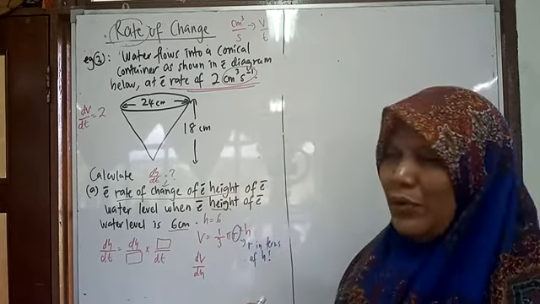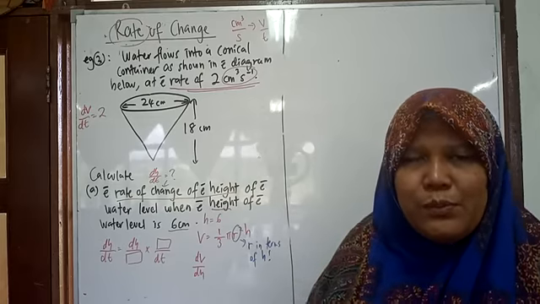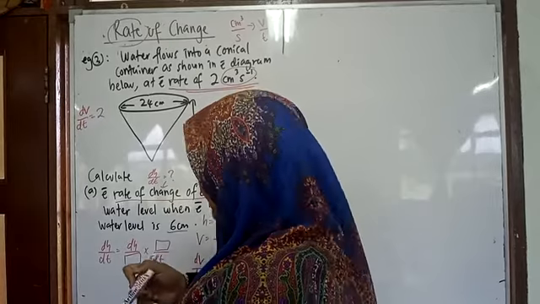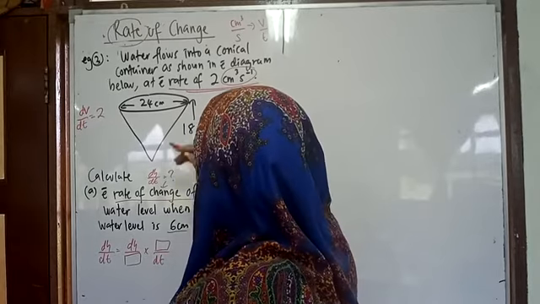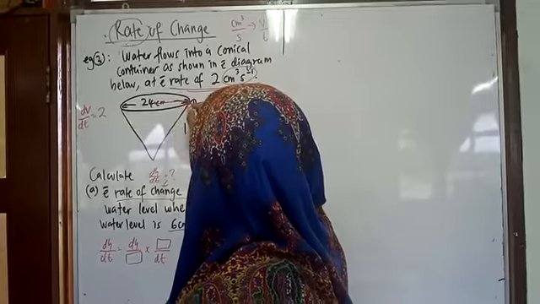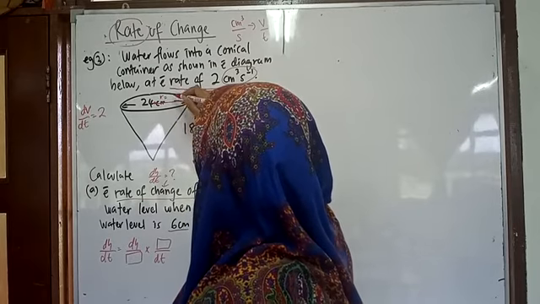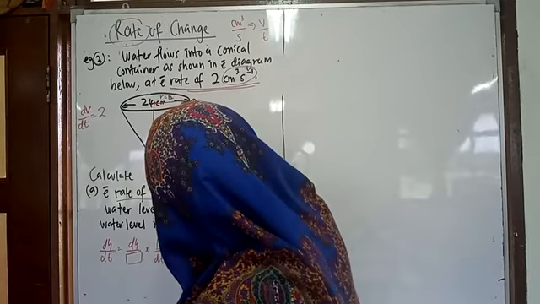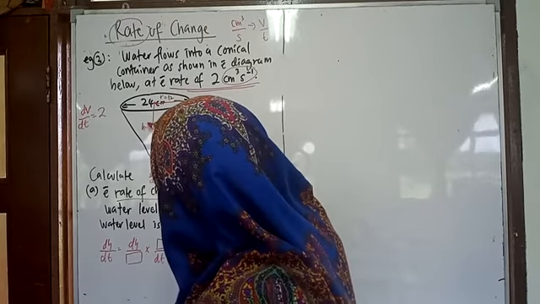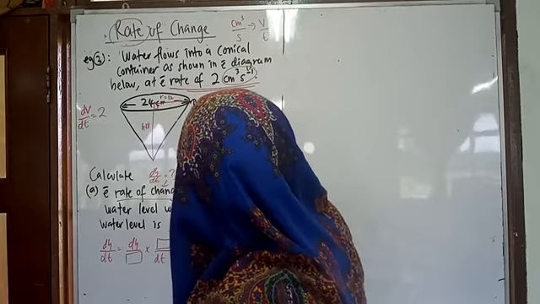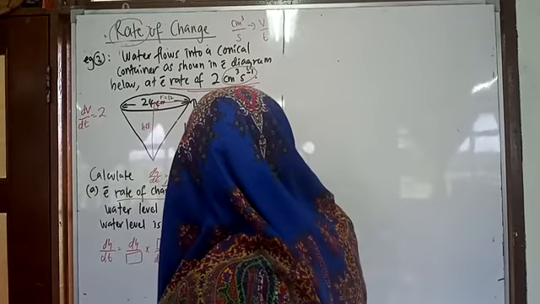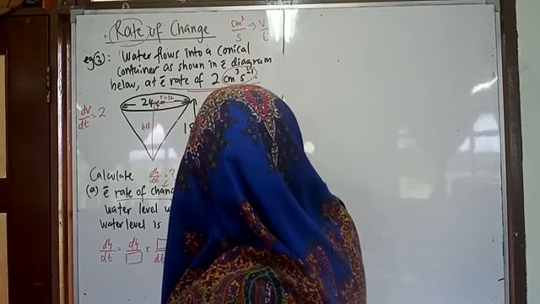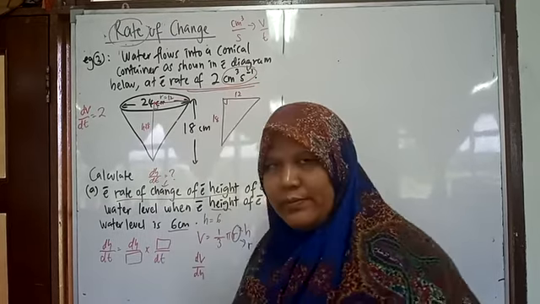So how can we relate the radius and the height? As you can see here, this is our radius, r equals 12, and this is our height, equals 18.